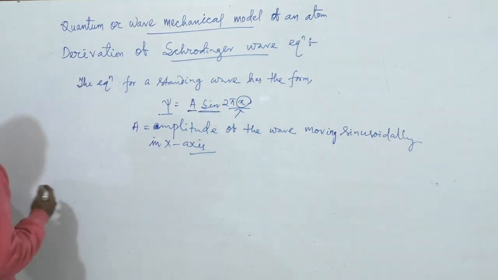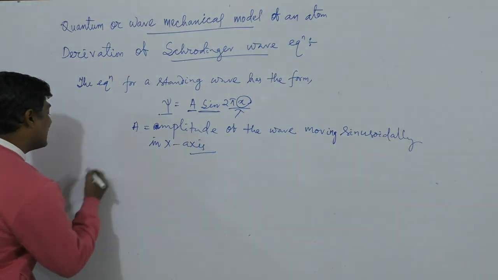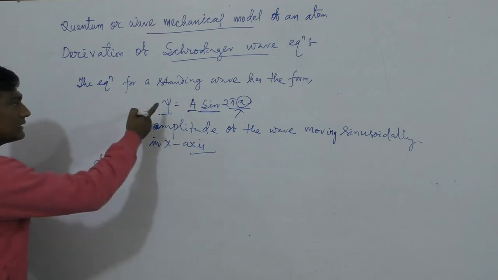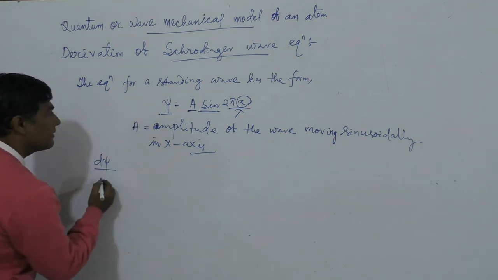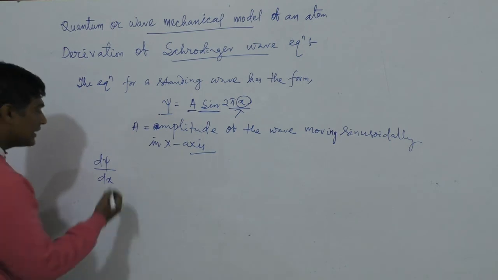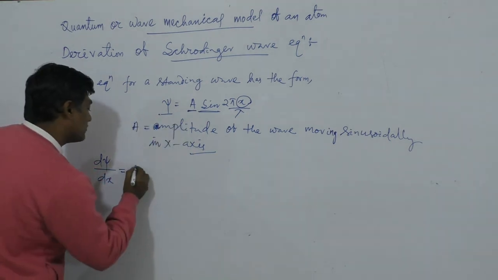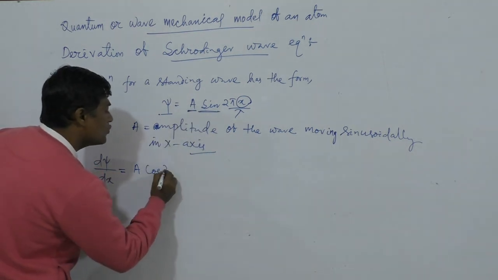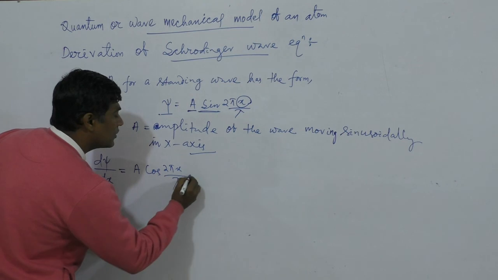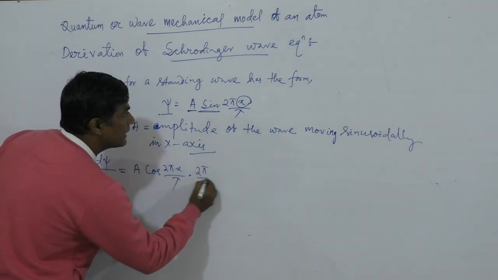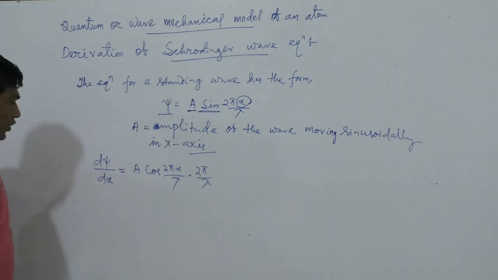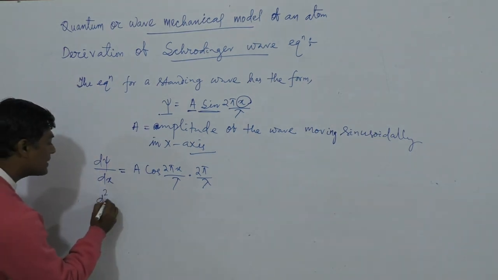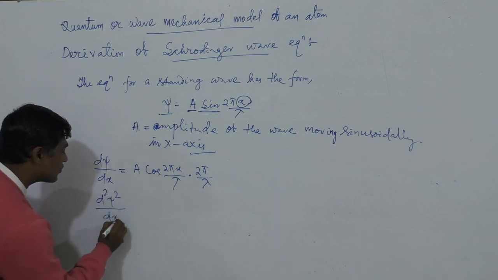So let us have this. Now the first derivative of this psi, d psi by dx. This A will come out, it is the constant, so it will give you cos 2 pi x by lambda dot 2 pi by lambda. We will take the derivative again. So we will have d square psi by dx square.